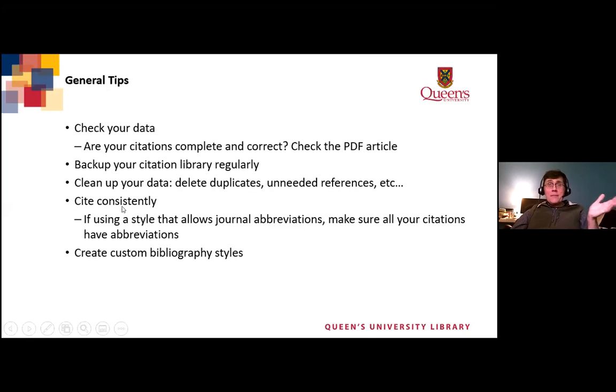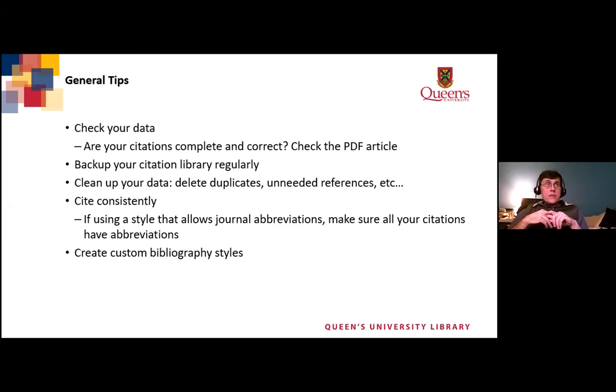Cite consistently. So for example, if you're using a style that allows journal abbreviations, make sure all the journals have abbreviations. It's kind of a pet peeve when I'm looking at a bibliography and I see a full journal title, and then a journal abbreviation, and then another abbreviation, another full title. It's like, be consistent. And then remember, you can also create your own custom styles.